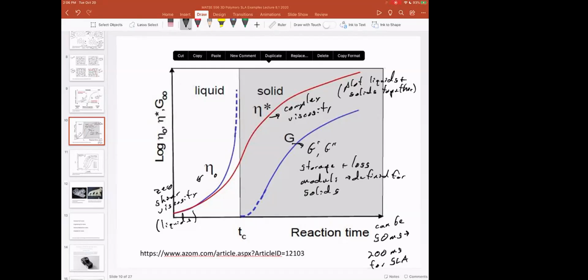So this is all under the banner of liquid and solid rheology. And these different quantities, eta naught, eta star, and G and G prime are just different ways of expressing the flow properties or the stiffness of the material, if that makes sense.